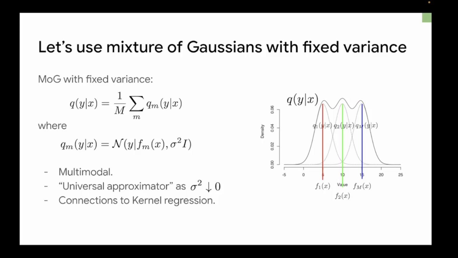And now it's composed of m different experts, I would say, and each expert is encoding the density function for a different mu. But sigma is fixed for every expert here. So we're not looking at heteroscedastic regression here anymore.